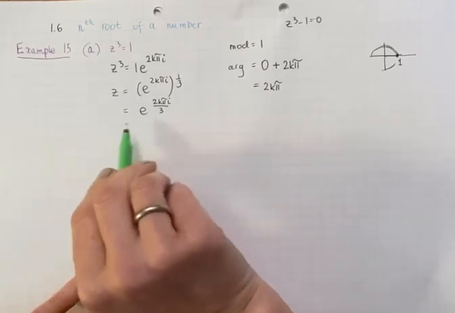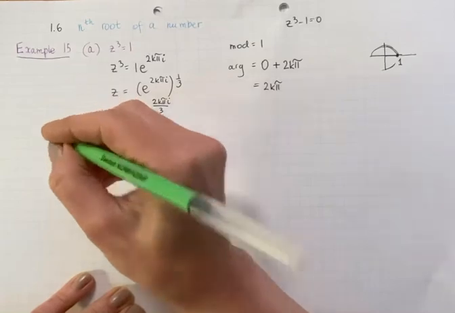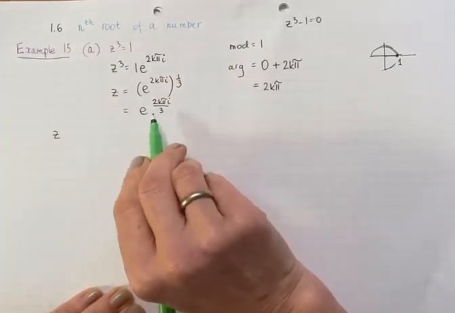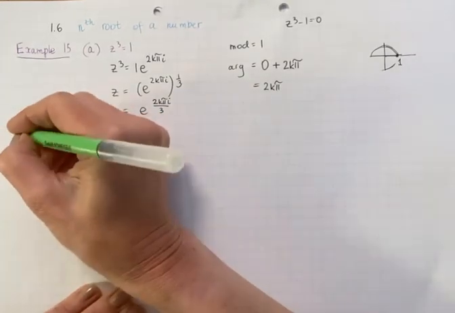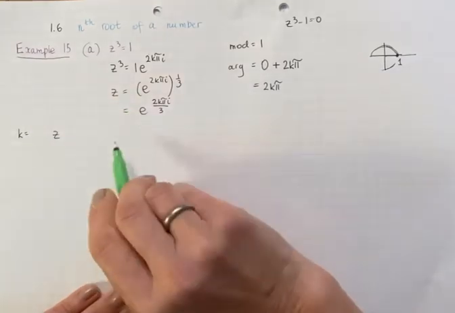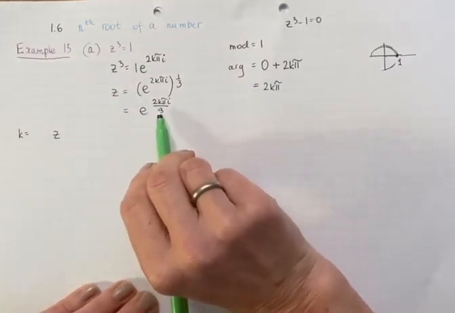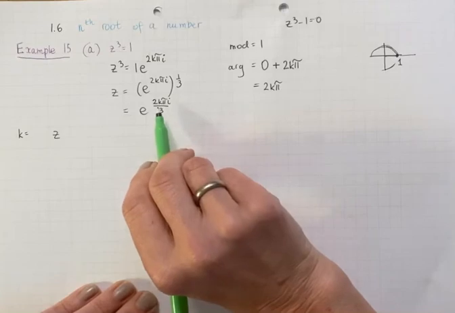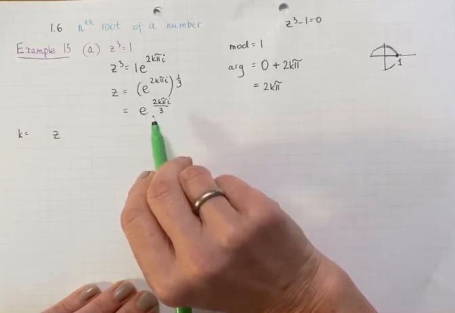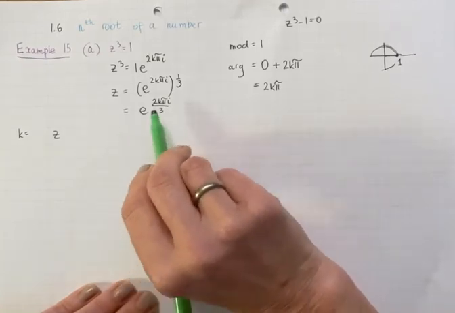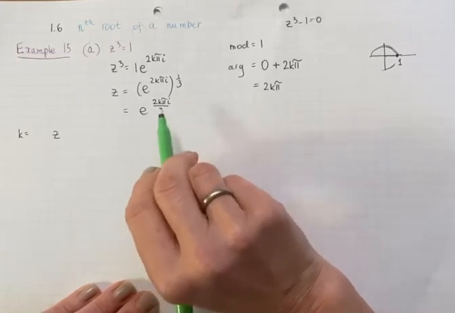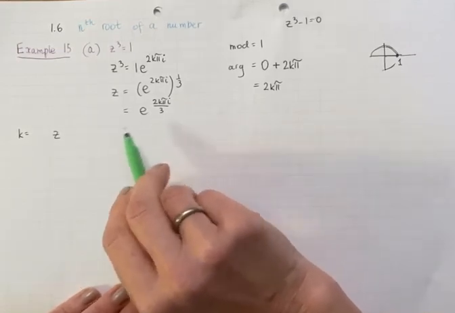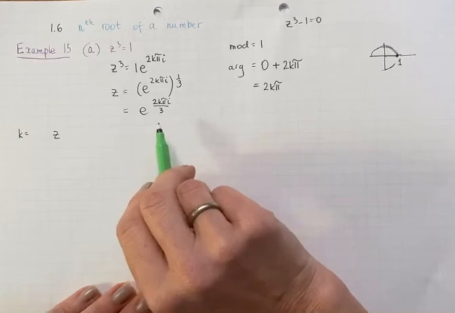For the first one, you take consecutive values of k. You normally will start from -1 or -2 and then go to 0, 1. You could also pick 0, 1, 2 and then adjust the argument so it falls between minus pi and pi.